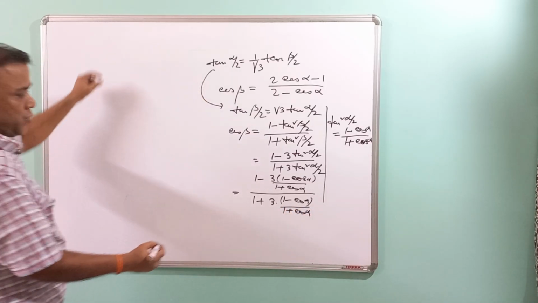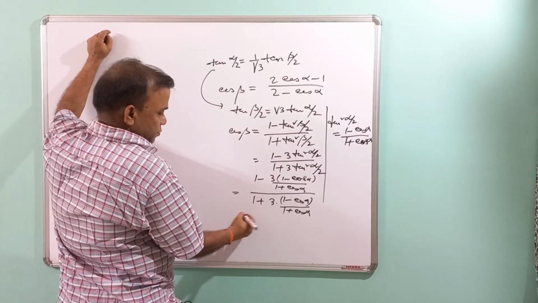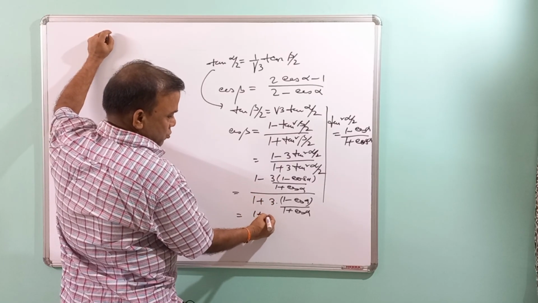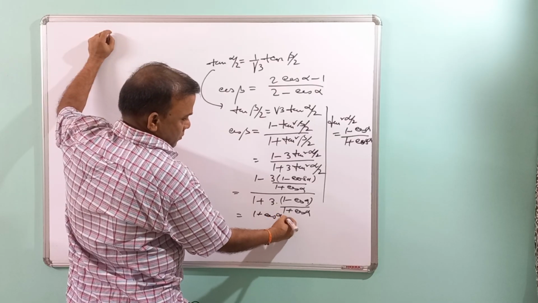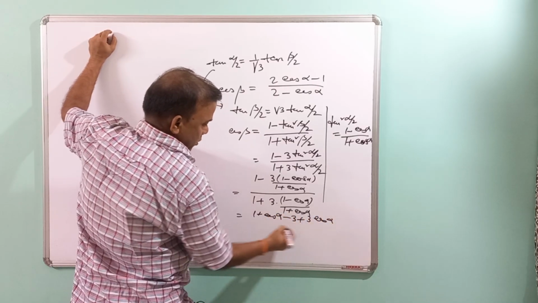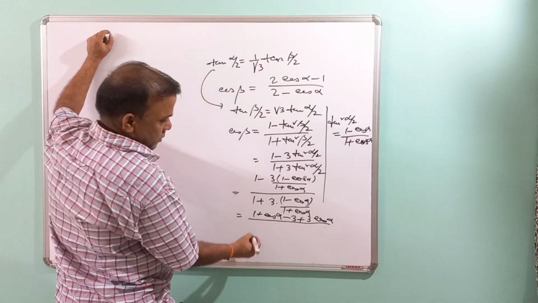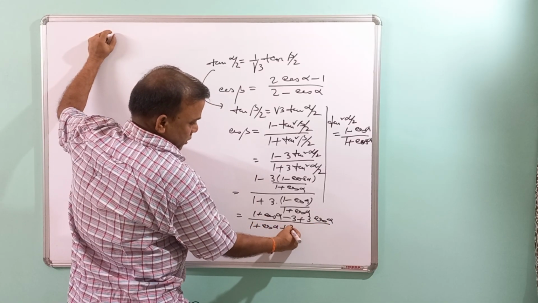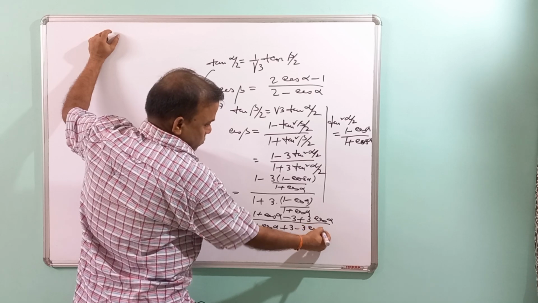Taking LCM, we get 1 plus cos alpha minus 3 plus 3 cos alpha divided by 1 plus cos alpha plus 3 minus 3 cos alpha. Okay.